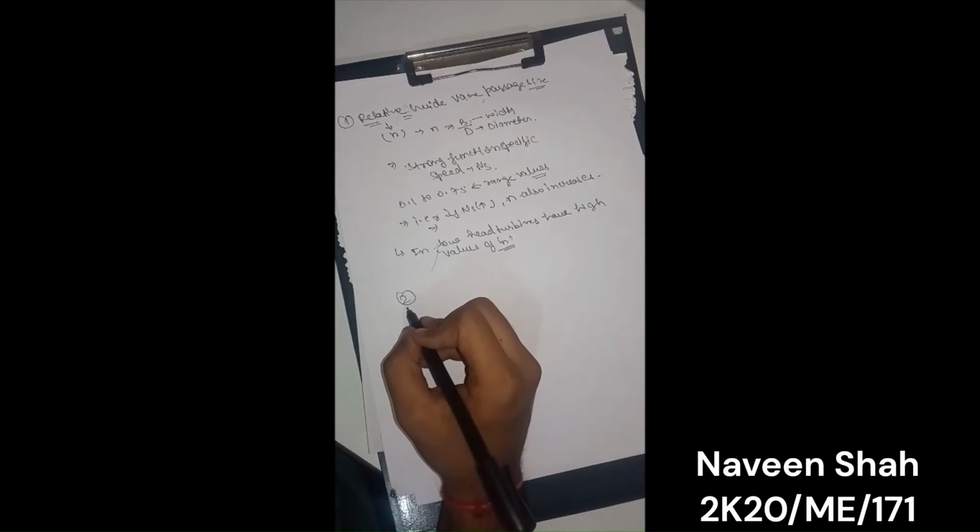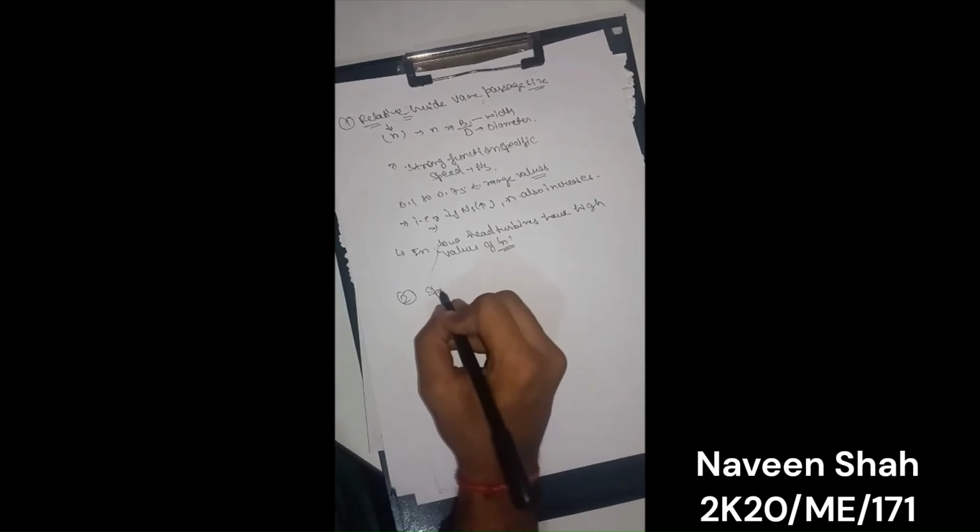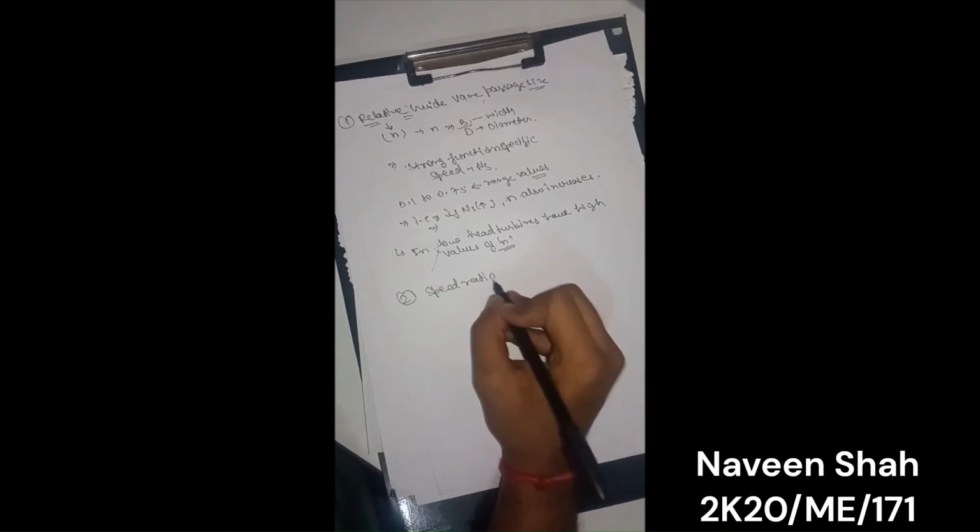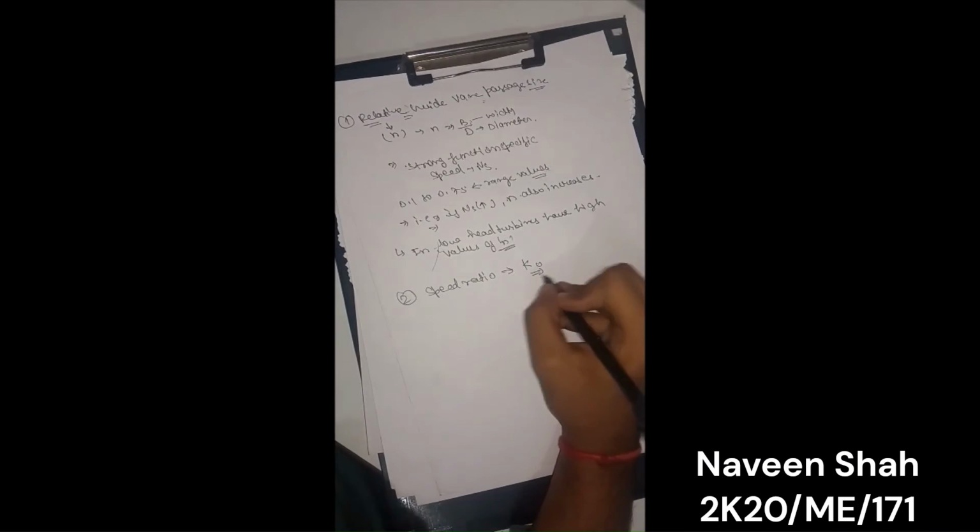Now the second parameter is the speed ratio, denoted by Ku.